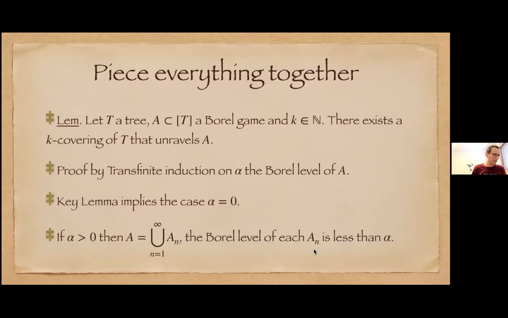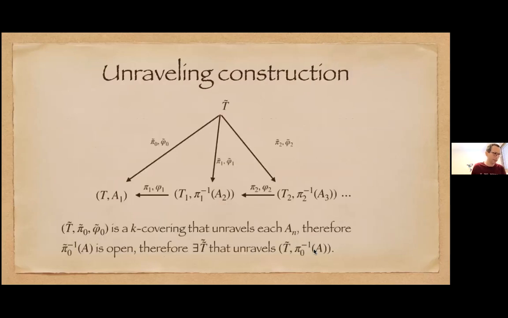So if A is not of that type, then the complement of A is of that type. So let's assume that A is a countable union of sets of lower complexity. So now we can apply the inductive hypothesis.